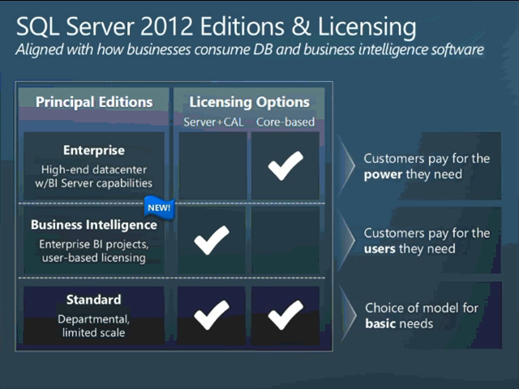Microsoft hasn't announced any end to that. What you will not be able to do, though, is going forward buy new copies of SQL Server Enterprise in the Server plus CAL mode. I've got a slide on some details on that in just a moment as well.